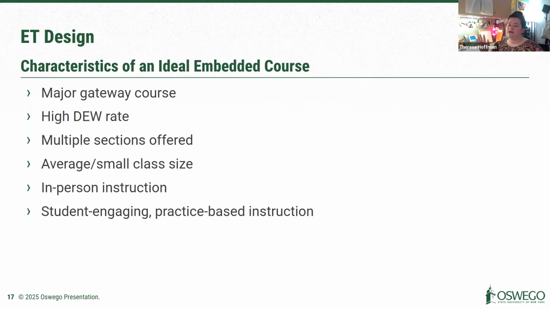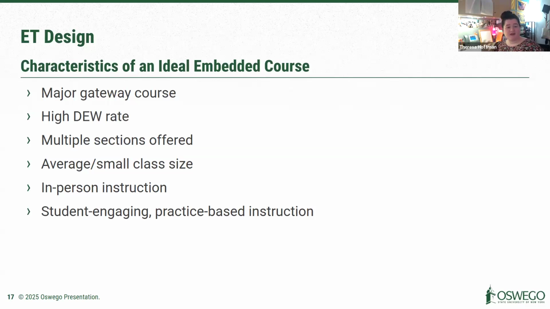Something like a huge lecture with hundreds of students is probably not ideal for an embedded tutor because there'd only be one of them. A smaller class size helps foster that relationship between the tutor and the student, or tutee, to come get tutoring services. And it's in-person instruction. We have not had embedded tutors in online instruction at the moment. We're sticking to in-person for now, at least.